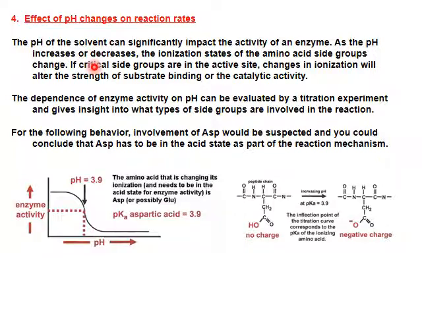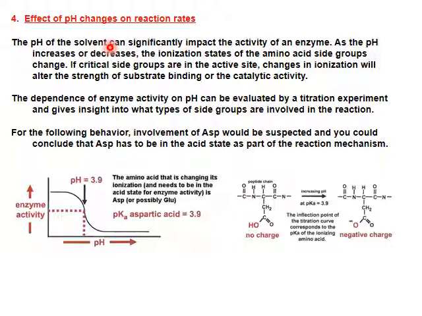And so the effect of pH on reaction rates is one of those conditions you test to see what the mechanism of your enzyme is. Typically things are going to be around pH 7, but what happens if you run it at pH 6, a buffered solution at 6 or 5 or 4?